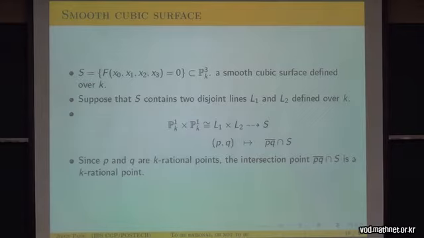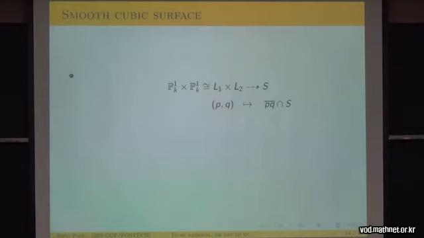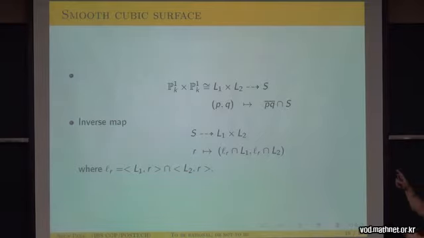It's not defined everywhere, but it is defined at almost all points. So this is one direction. We need the inverse rational map. So the inverse map is like this. You have one point R on S, and you have this line, capital L1.